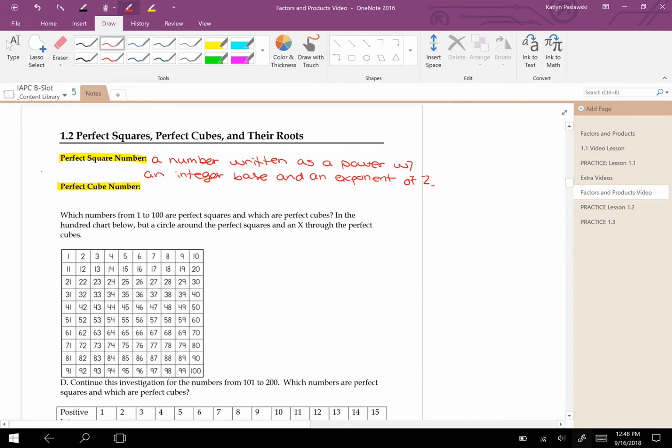So an example of that, we would have 4 squared is equal to 16. We have an integer base and an exponent of 2. It's going to equal 16.